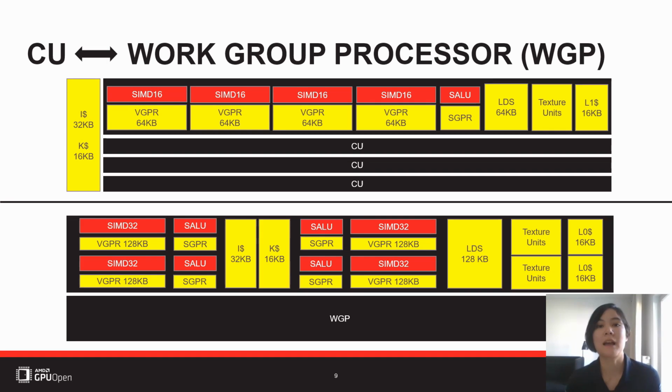Now let's look at how this is realized on the RDNA architecture. On RDNA we don't have compute units anymore, we have workgroup processors, in short WGP. If you look at the two pictures below, you see that they are kind of similar, but at the same time not really. Let's look in detail at what the workgroup processor is.